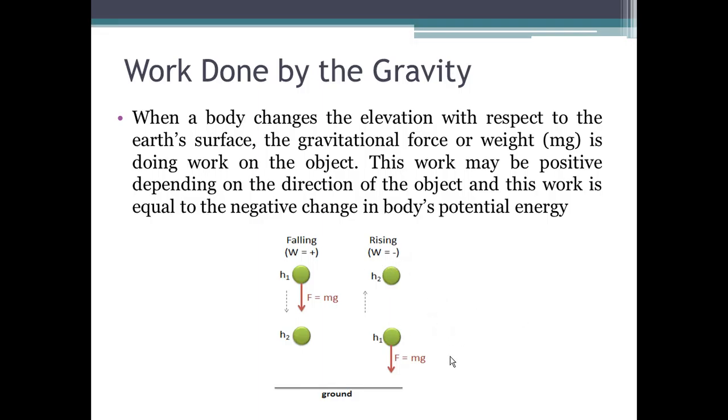So the pattern for the kinetic energy is that the kinetic energy decreases as the object rises. To make the conclusion complete, we could state it this way: when the object falls, the work done is positive. It is associated with an increase in kinetic energy and a decrease in potential energy. When the object is thrown upward, so that the object rises, the work done by gravity is negative and is associated with a decrease in kinetic energy and an increase in potential energy.